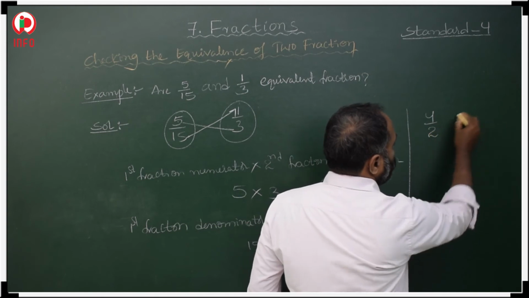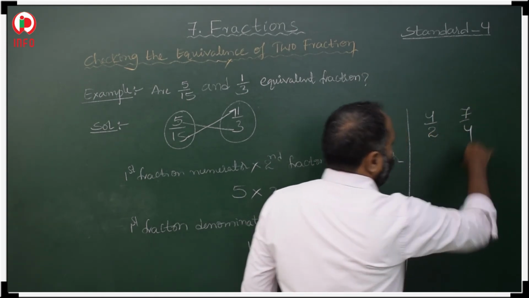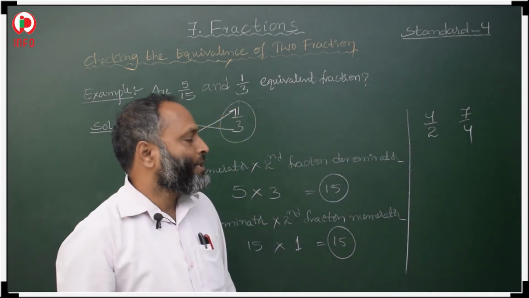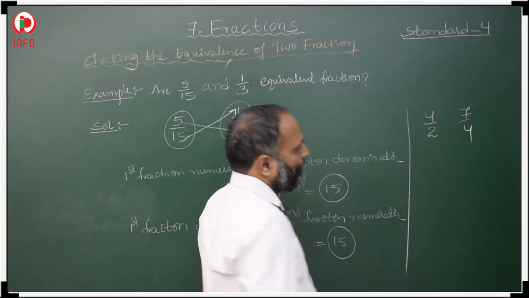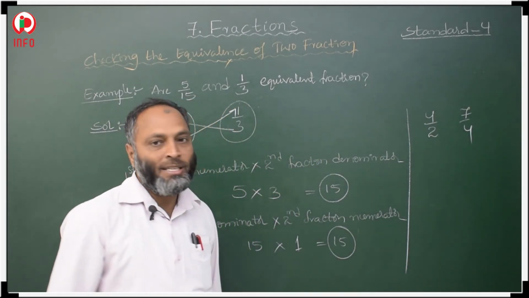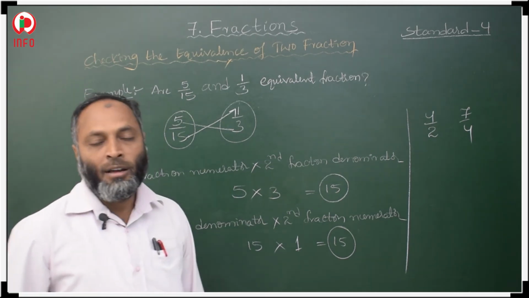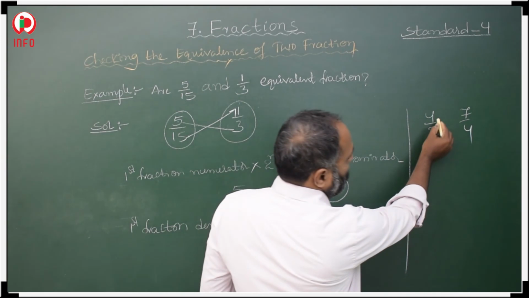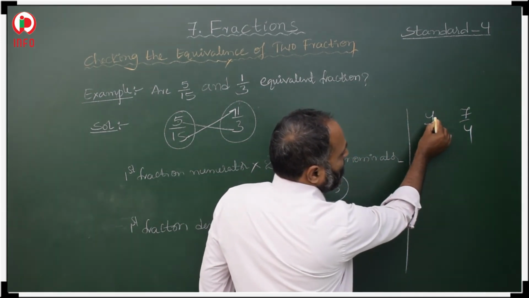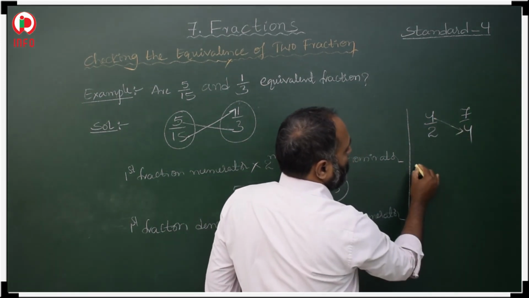4 by 2 and 7 by 4. Are these fractions equivalent or not? How to check? First we multiply the first fraction's numerator with the second fraction's denominator, 4 with 4.